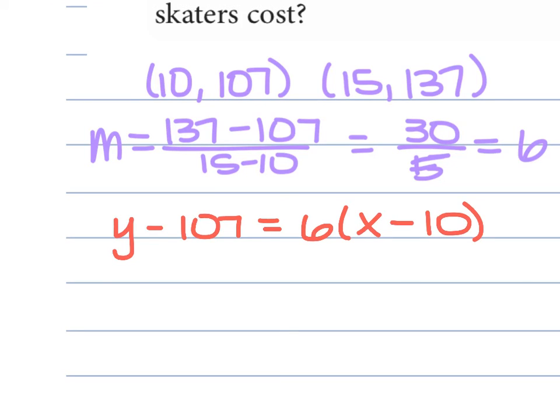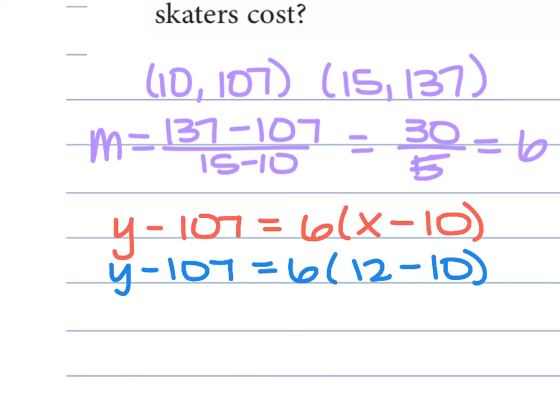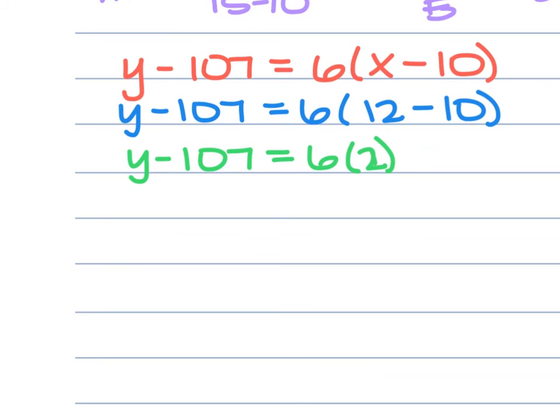We want to find how much it's going to be for 12 skaters. So x is going to be 12. So y minus 107 is equal to 6 times 12 minus 10. 12 minus 10 is 2. y minus 107 is equal to 6 times 2. From there, 6 times 2 is 12. So y minus 107 is equal to 12.